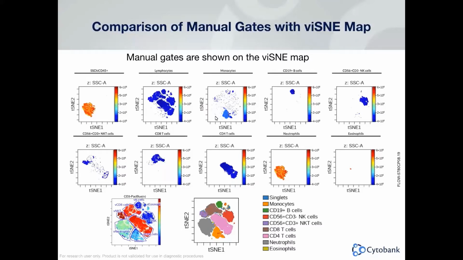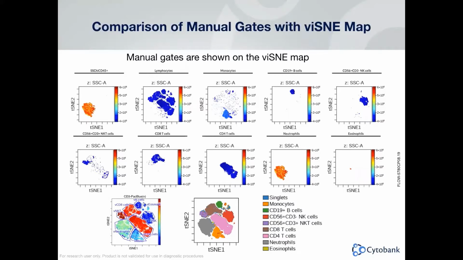However, I still have a lot of other events scattered around on other places of the map. And why is that? Those locations are where the lymphocytes are on the map, and most likely when I gated on my monocytes, the gate was a little bit too generous and included quite some lymphocytes, and that's where they come from.